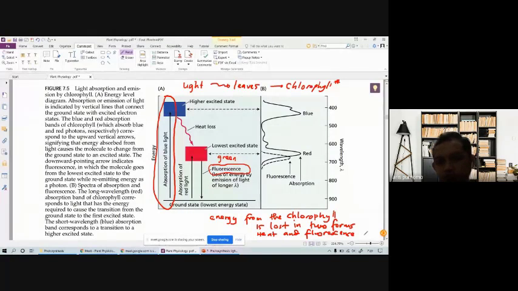Because the energy is lost in fluorescence, we can see that the plant is green in color. That is why we see the color of chlorophyll as green. This is because of the fluorescence. This is one type of losing energy from chlorophyll.